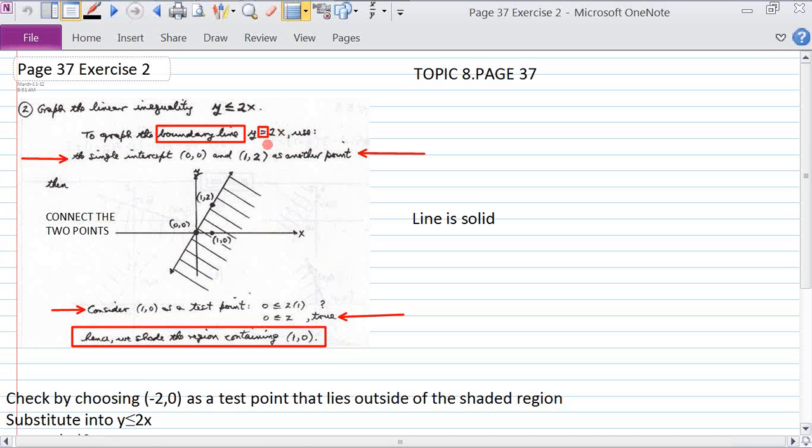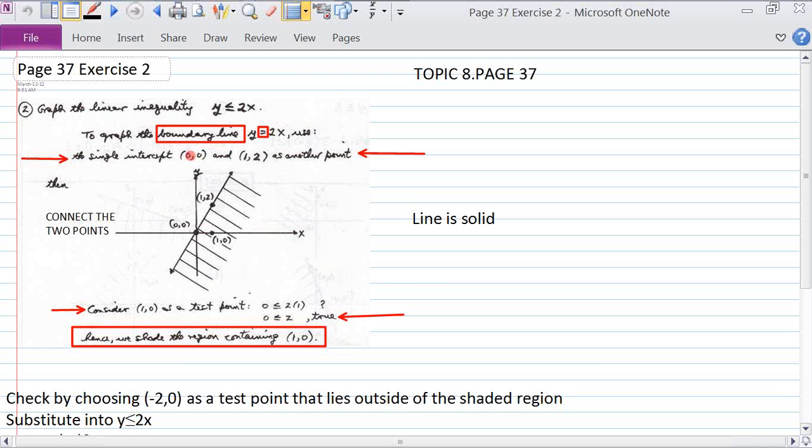So in this case, when we set x equal to 0, y is 0. 2 times 0 is 0. Also, when we set y equal to 0, that means 2x equals 0, so x equals 0. So we only have 1 point.